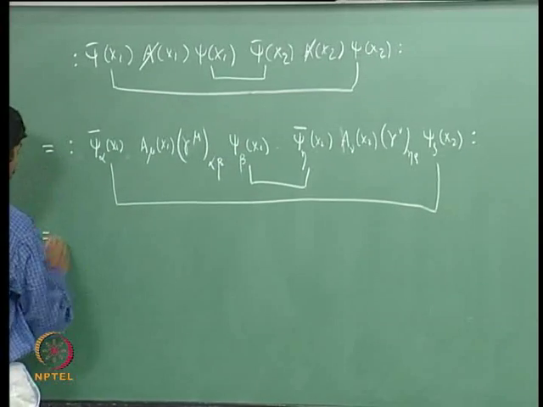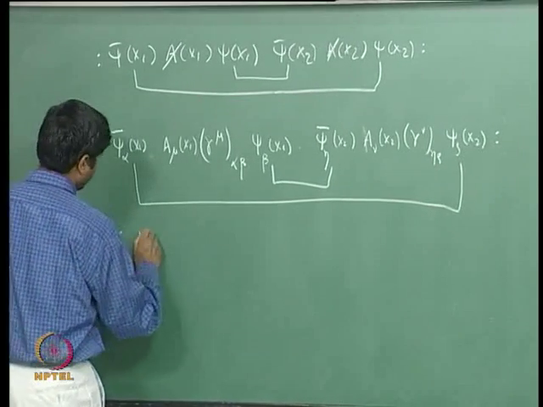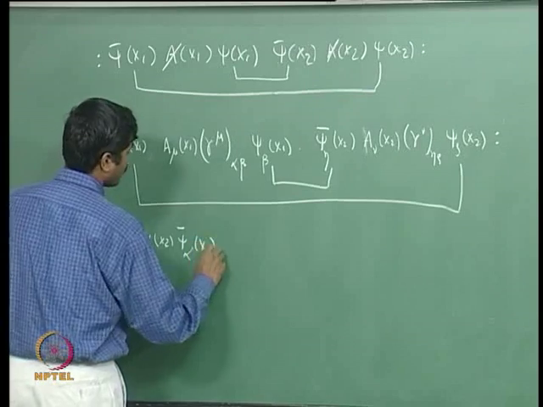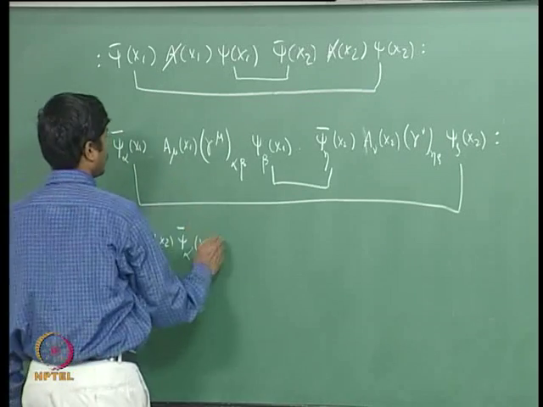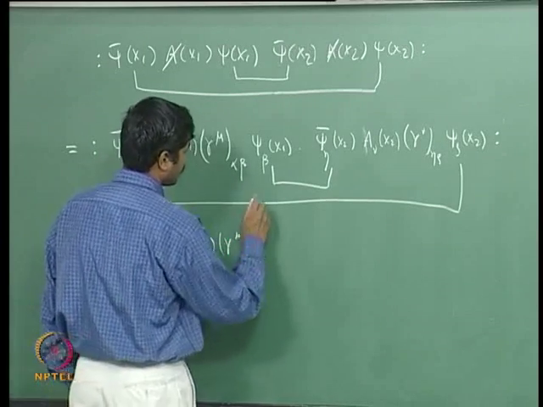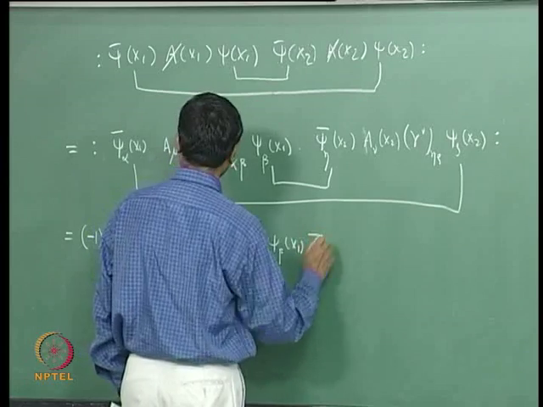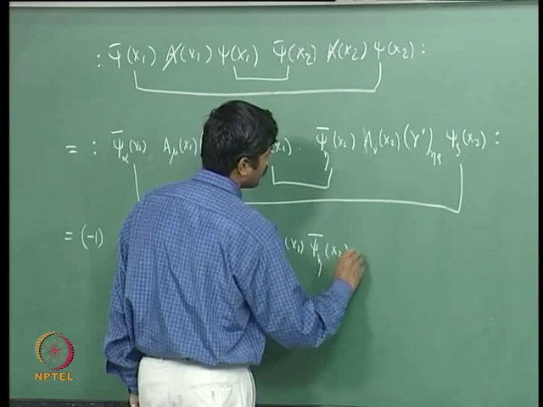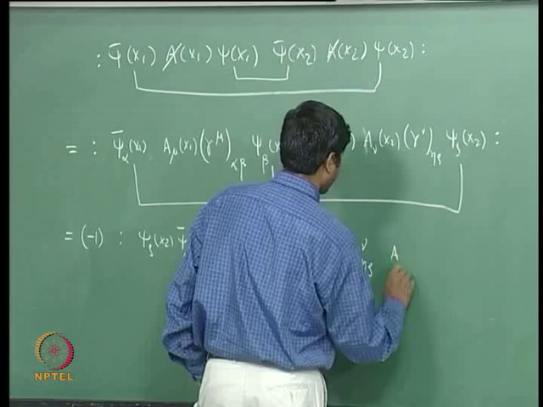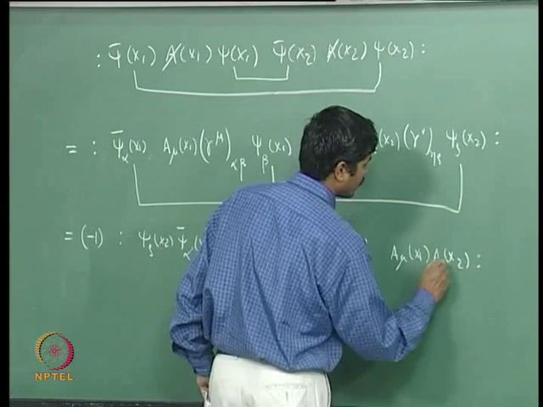So this is equivalent to writing minus 1 times the normal ordered product of psi rho of x2, psi bar alpha of x1, gamma mu alpha beta, psi beta of x1, psi bar eta of x2, gamma nu eta rho, and then A mu of x1 A nu of x2, normal ordering.